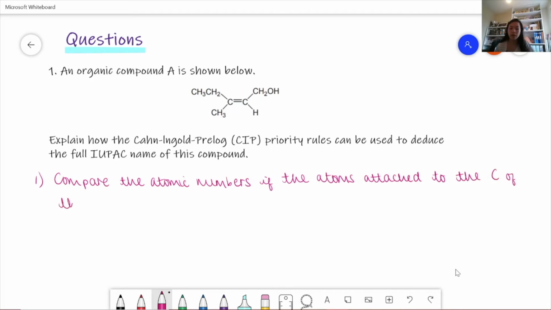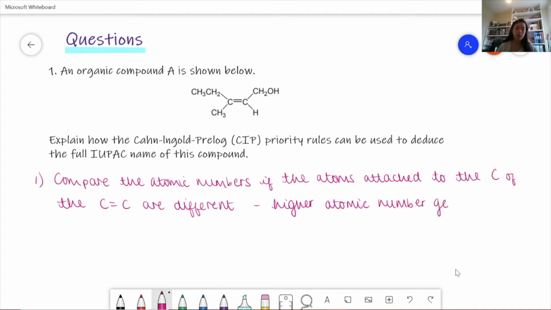The carbon of the double bond. And we have that a higher atomic number gets priority.